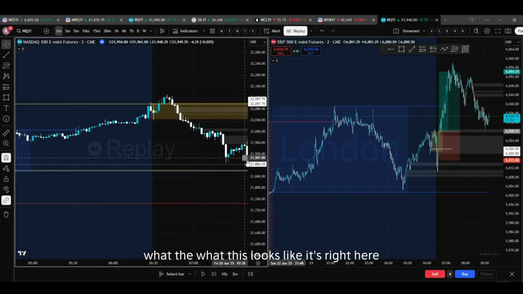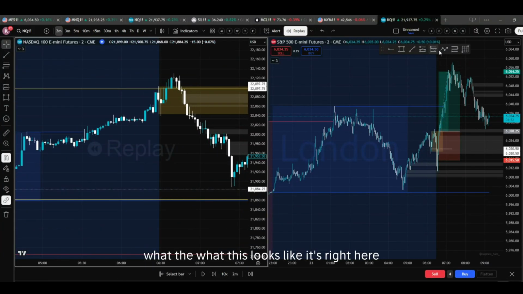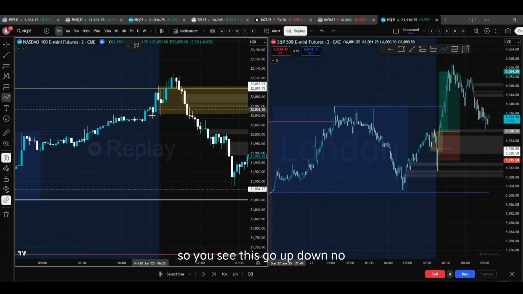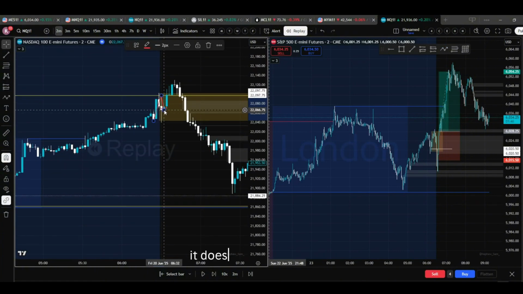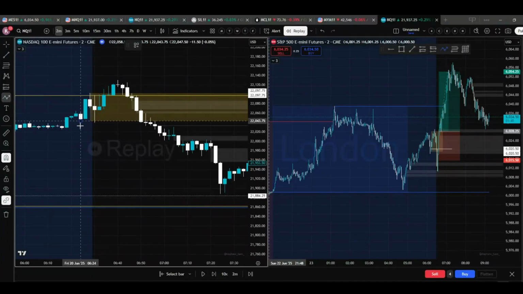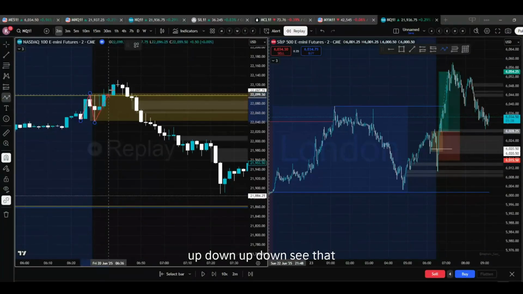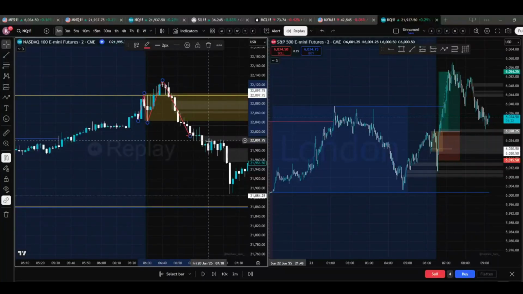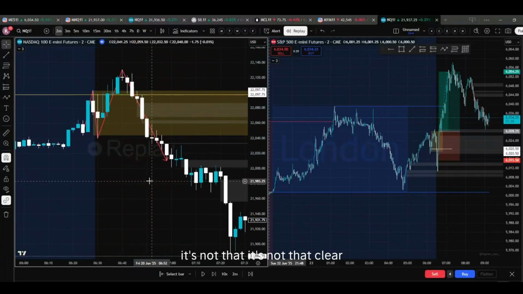What this looks like is right here. So you see this move up, down. Nope, it doesn't go that way. Let's see. Up, down, up, down. See that? It's not that clear, but what is this?